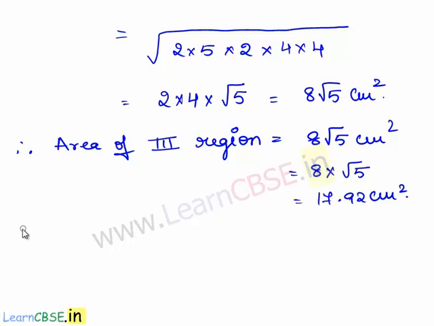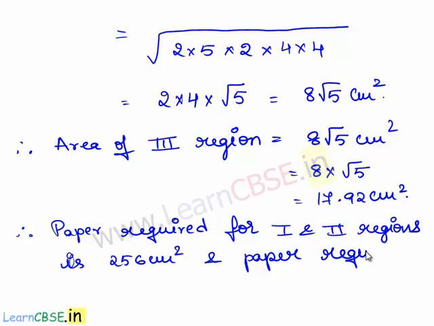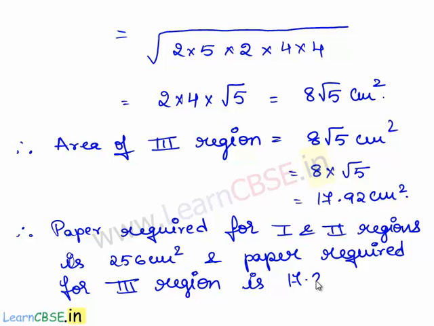Therefore, the paper required for the first and second regions is 256 centimeter square, and the paper required for the third region is 17.92 centimeter square.